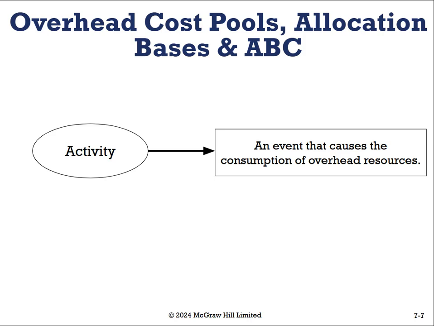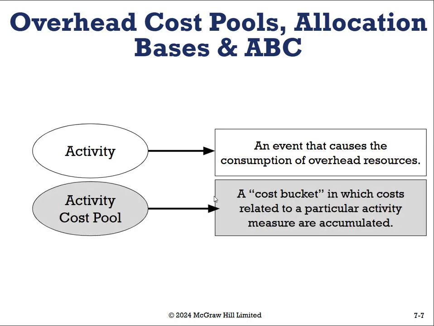So making sure that we understand what is the activity, what is the cost pool. An activity cost pool is a cost bucket in which costs related to a particular activity measure are accumulated. And again, bear with me, the definitions will be one thing, and then we're going to do a comprehensive example to apply these.